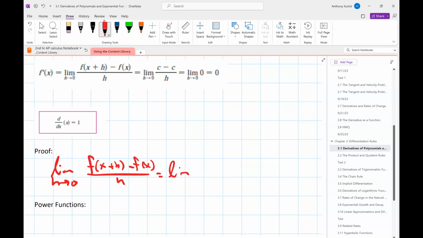What is f of x plus h going to be if f of x is just x? x plus h, right? Minus x over h. Convinced? Yes.